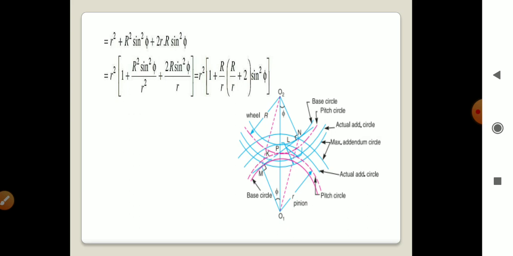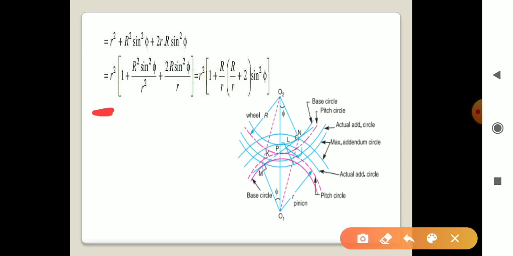Now from this equation take small r square common. In the bracket, only 1 will remain from the first term, plus the capital R square into sine square of phi term. Since the small r square term will not be there, we divide this term by small r square. Next is the 2 term: capital R will be there, and since we want small r square common, to adjust this term, small r will be in the denominator, giving capital R into sine square of phi.